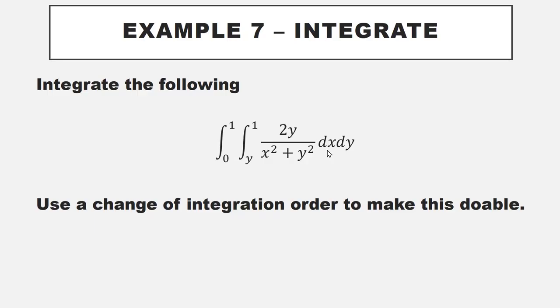Now I can't just flip-flop my x and y because these bounds are important too. So I am going to have to figure out what region we're talking about here so that I can flip the x and y correctly. I'm going to have to rewrite my regions and my region bounds.